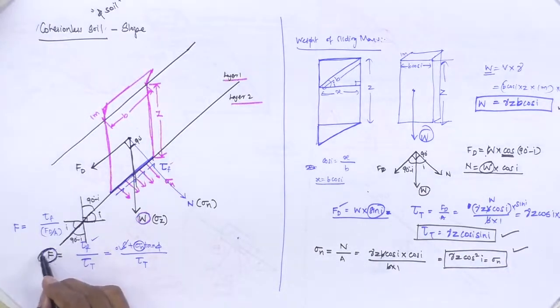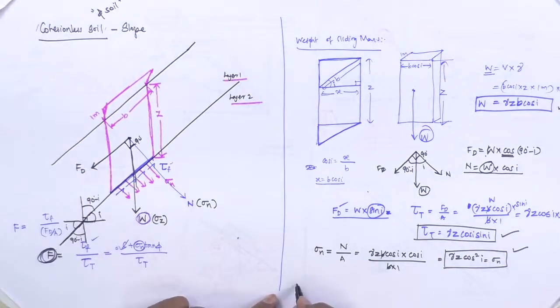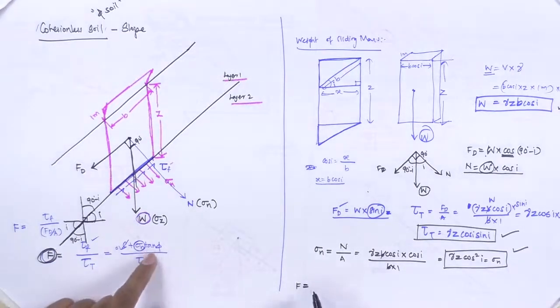While coming to find the factor of safety, F equals sigma n tan phi divided by tau t.